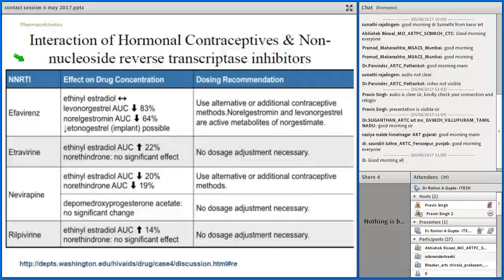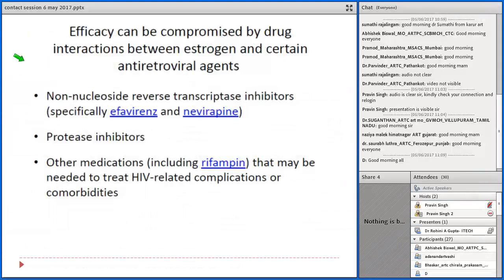What is important to know is that etravirine and rilpivirine do not require any dose adjustment of oral contraceptives, but the other one available in our country, that is efavirenz and nevirapine, does reduce the efficacy of oral contraceptives.